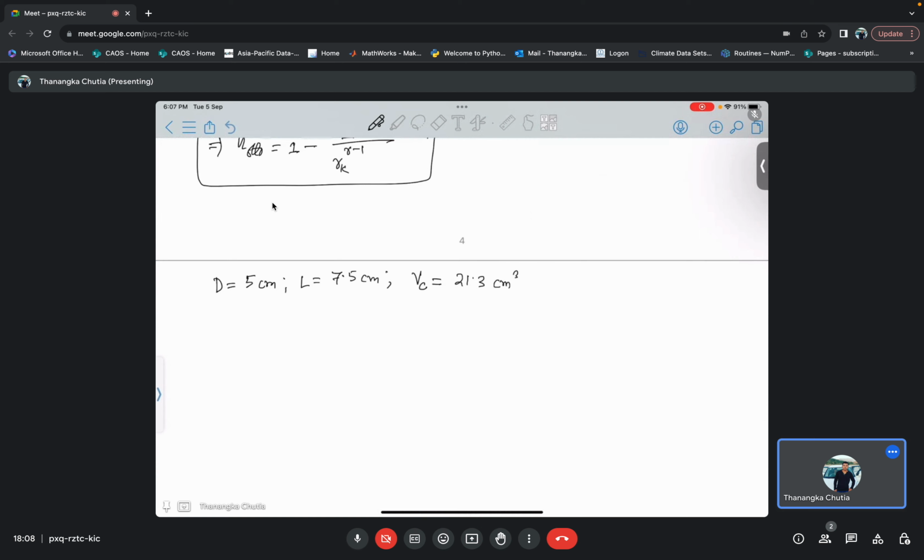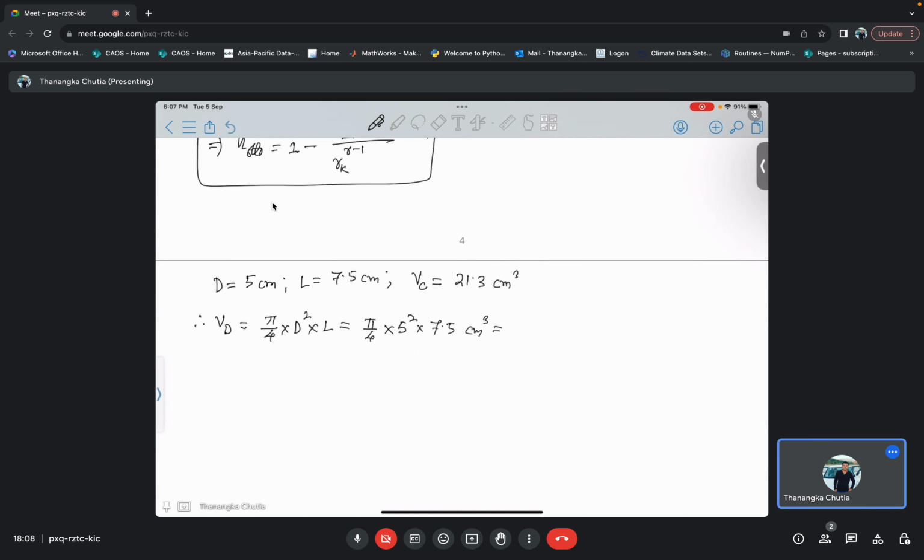Therefore Vd, the displacement volume, will be equal to what? Pi by 4 times d square into L. So this will be pi by 4 times 5 square into 7.5 centimeter cube.